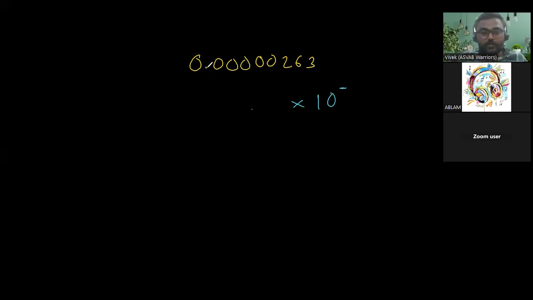So let's move the decimal point now. 1, 2, 3, 4, 5, 6. So it becomes 2.63. And how many places did we move the decimal? 6. So this becomes 2.63 times 10 to the power minus 6.